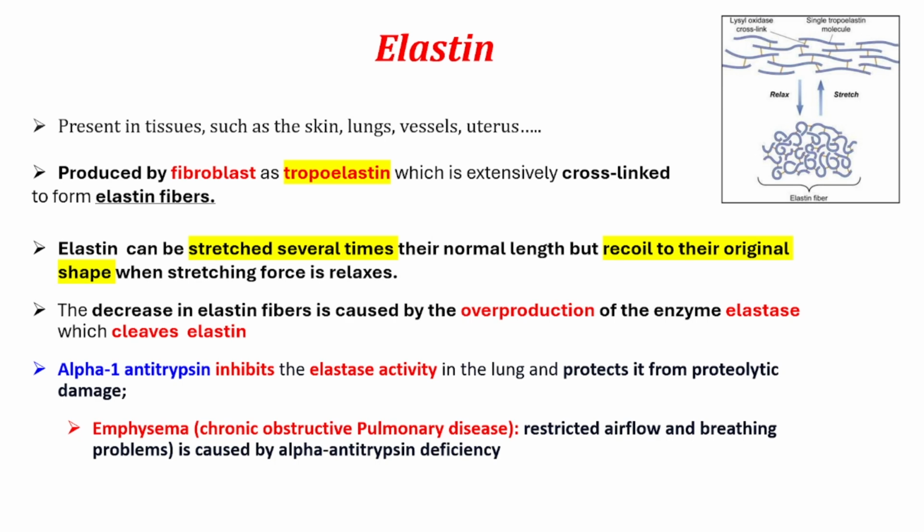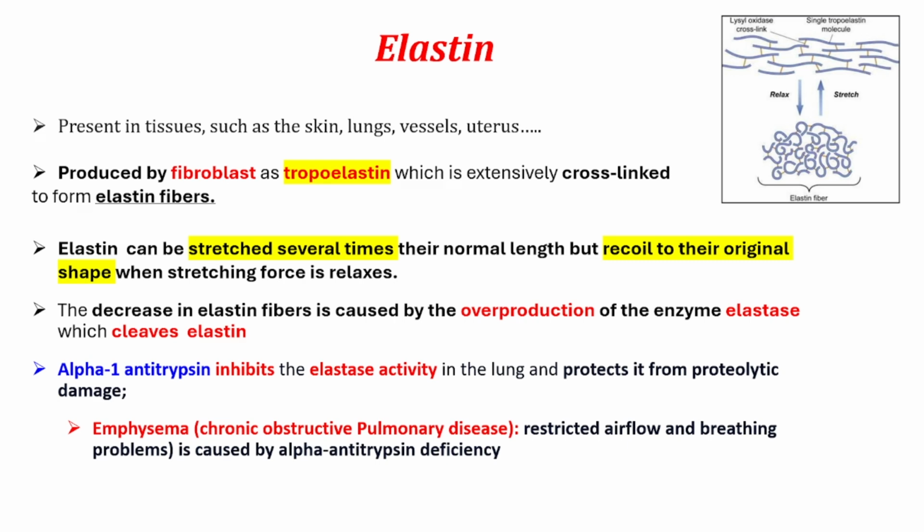This elastin is produced by fibroblasts, same like the collagen. Collagen is produced by fibroblasts, and elastin is produced by fibroblasts as well. And they are also produced as precursors. So fibroblasts produce procollagen. Fibroblasts produce tropoelastin.